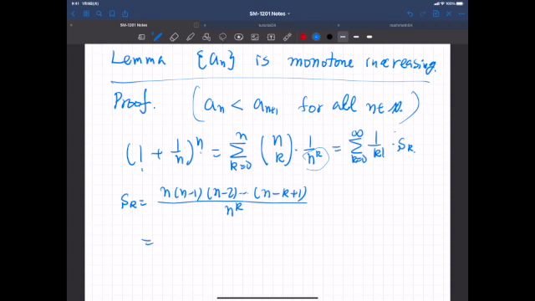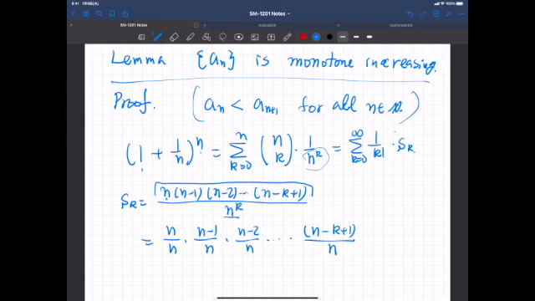There are k factors in the numerator, right? n minus 0, n minus 1, n minus 2, down to n minus (k minus 1), so the index varies from 0 to k minus 1.